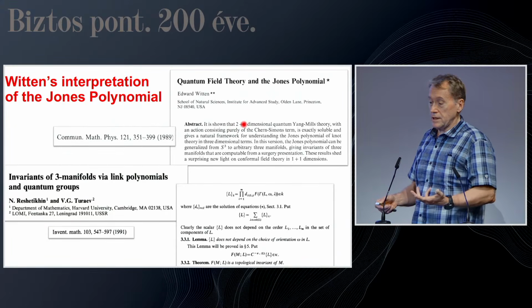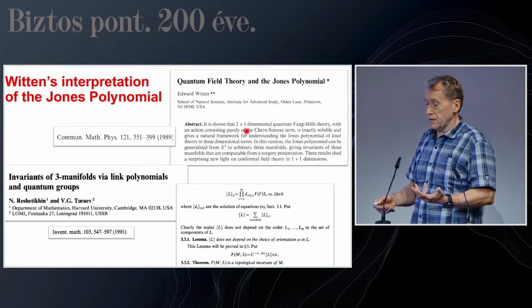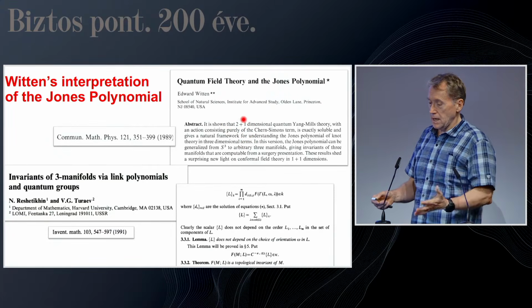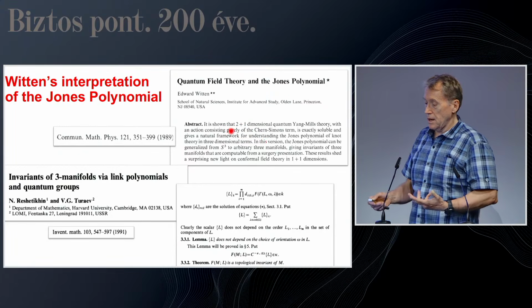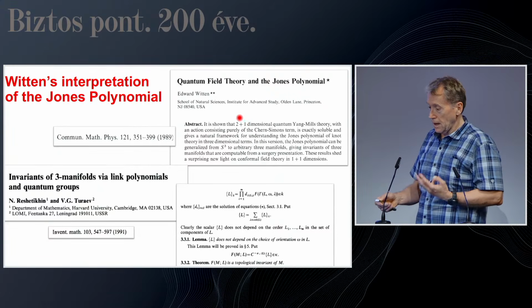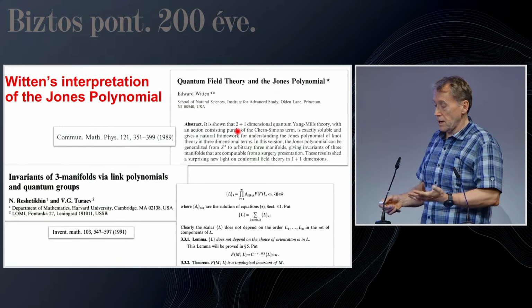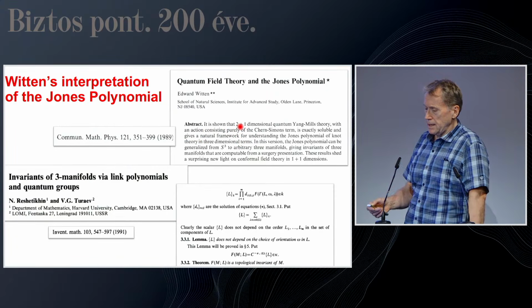It was an interesting question whether you could define an analog of it for knots in a general 3-manifold. Witten gave a physics interpretation of the Jones polynomial as a path integral. And that path integral made sense for an arbitrary 3-manifold with a little bit of extra data.